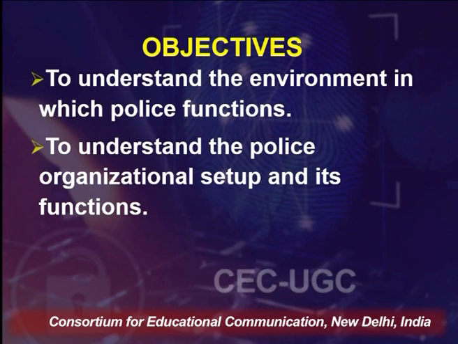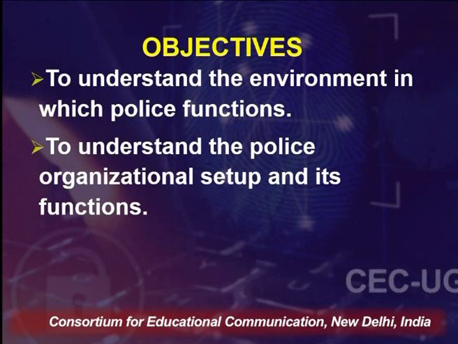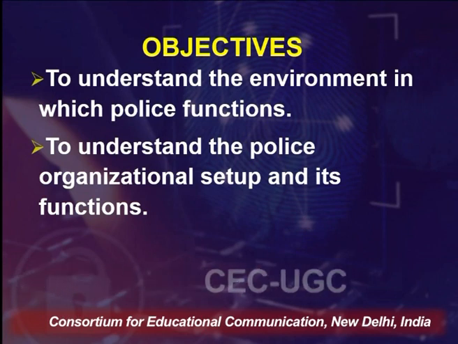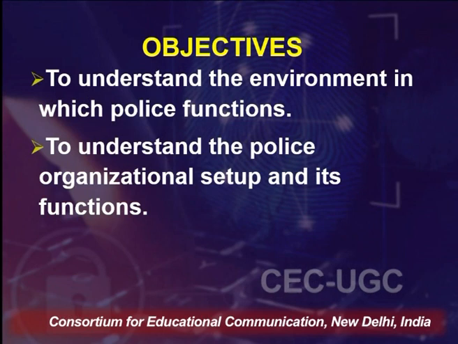So we need to understand what the different police organizations are and how they work at different levels. There are different objectives of the police organizations: to understand the environment in which police function, the police organizational setup, and the functions of police and the various departments of police involved in different fields.